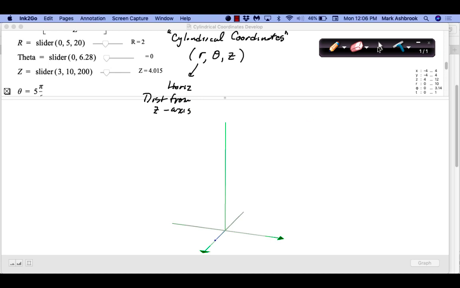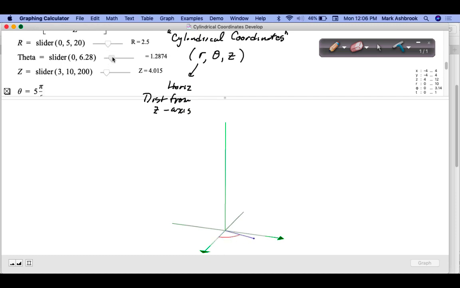Okay, theta. So here I'm showing it, just look in the xy plane down there. I'm showing r distance from the z-axis. Theta, standard trig angle, once again, right? You see that at the bottom of the screen?